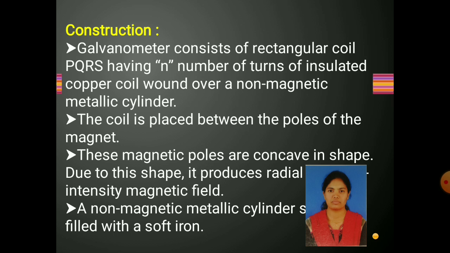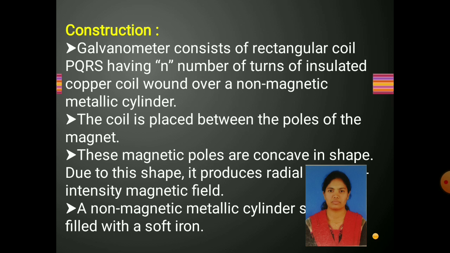The coil is placed between the poles of the magnet. These magnetic poles are in concave shape. Due to this shape, it produces a radial and high intensity magnetic field. You can remember this point: why are these magnetic poles in concave shape? Because it produces a radial magnetic field with high intensity.